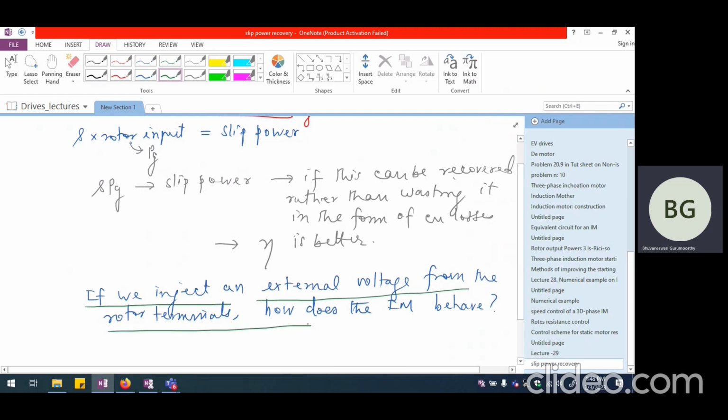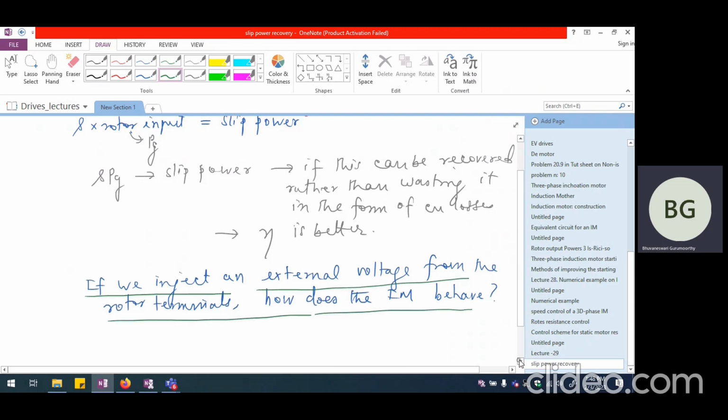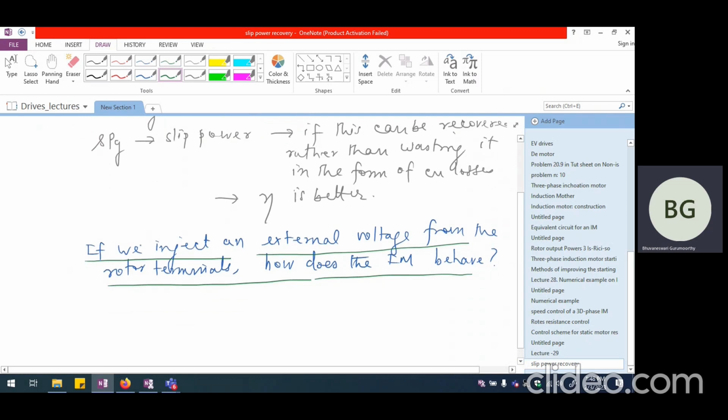So let me first of all draw the equivalent circuit of an induction motor. Forget about the resistances and inductances of the stator circuit. So the per phase equivalent circuit, I'm going to have V1 applied here.